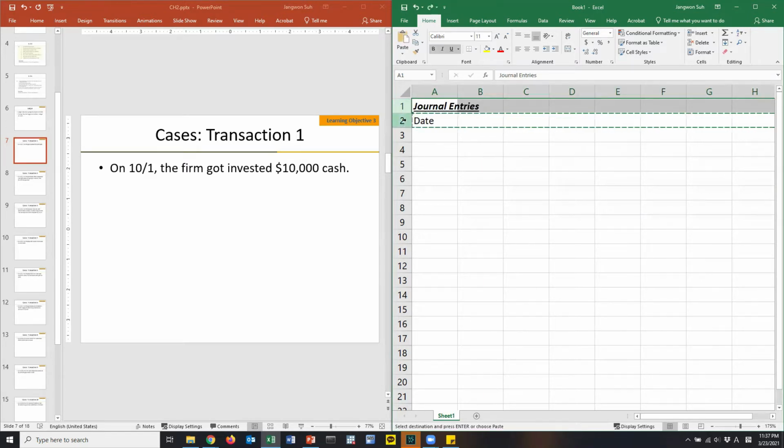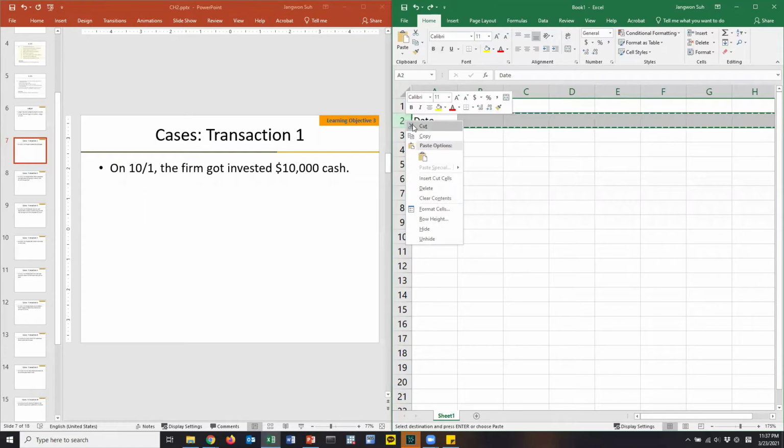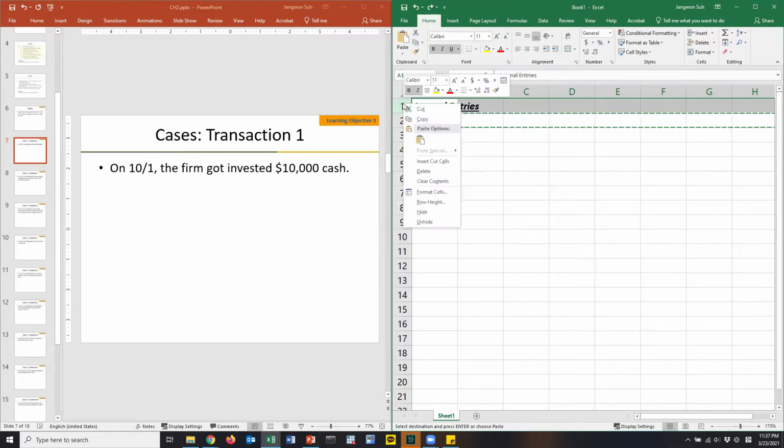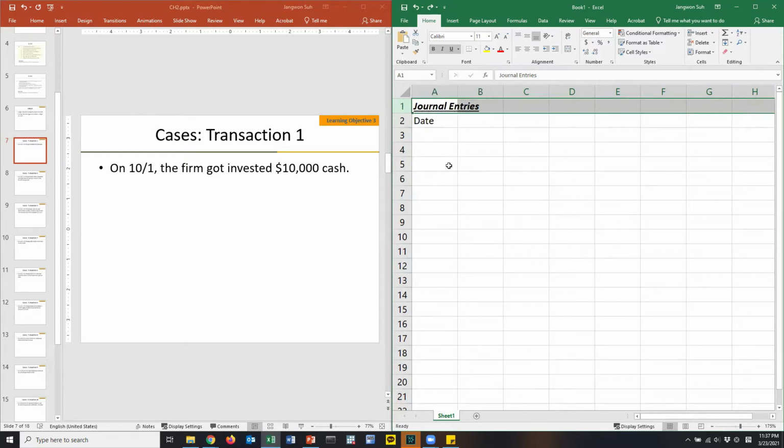What I did is cut, Control X, and then insert the cut cells. Again, right-hand side button, line 1, and insert cut cells.